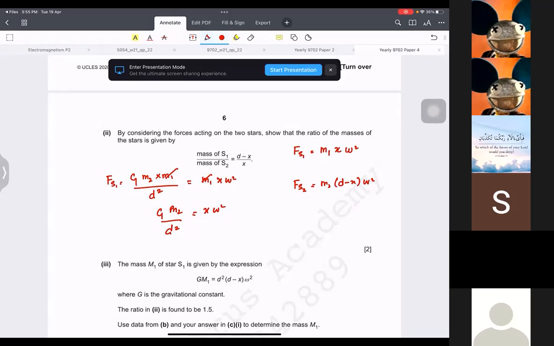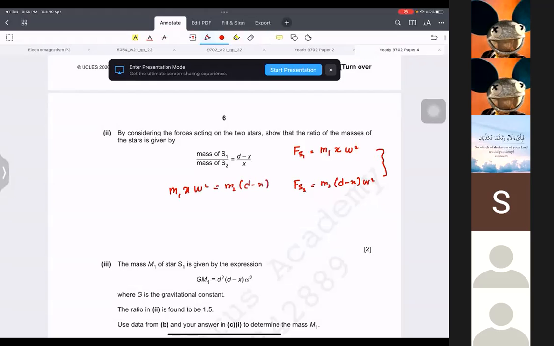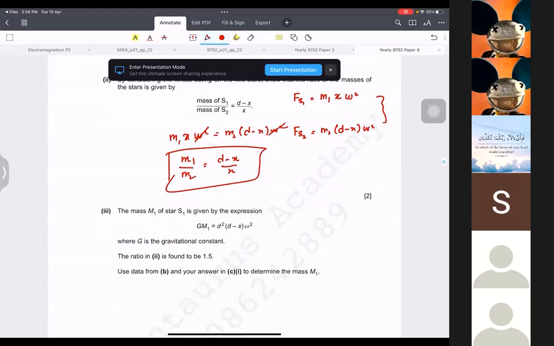It would be longer this way. Why don't we just put them together? That would be helpful instead of going into this part. It's not wrong, but it's easier this way. Because omega squared will cancel out, and M1 over M2 will be equal to D minus X over X. Yay! That's simple.